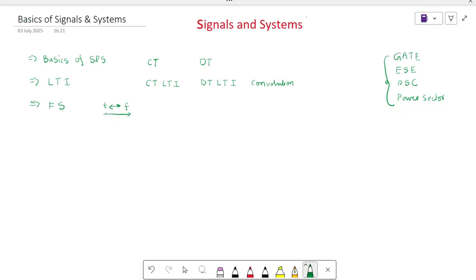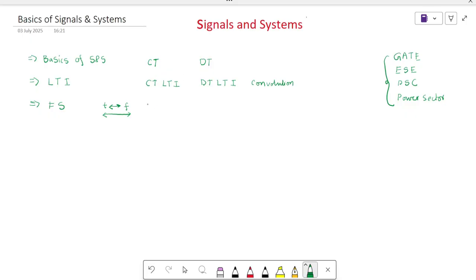So this is a fundamental concept. Remember, the application of the Fourier series is converting time to frequency and frequency to time. Here also, a signal can be represented in two ways, CT and DT.